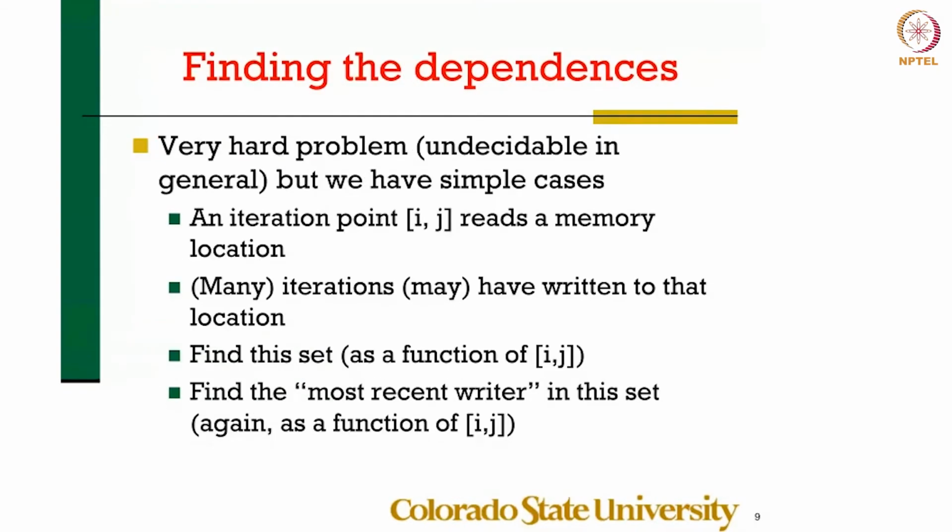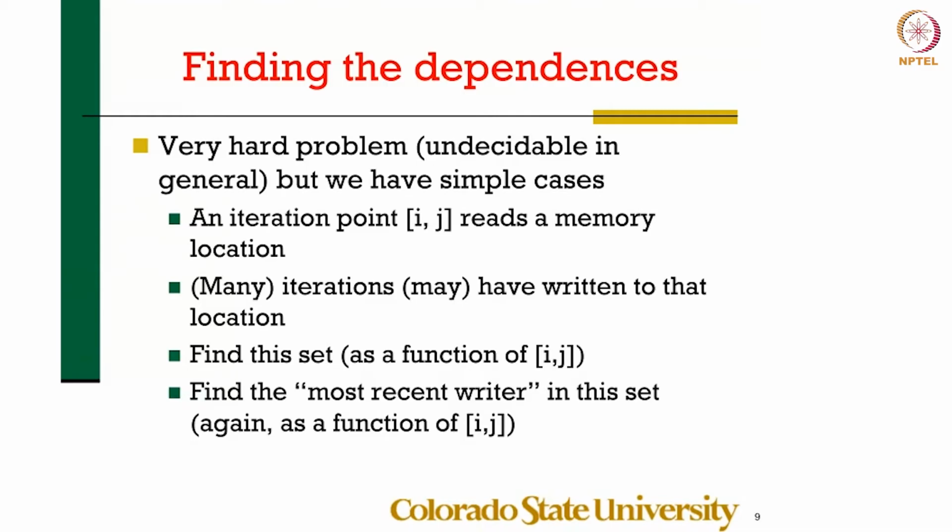But the other thing that was very implicit and obvious in your answer, which you may not be aware of, is that you want to find this set as a function of ij. When you said i, j minus 1 is the iteration, that means at iteration i equals 5, j equals 7, the iteration that produced the value is i equals 5, j equals 6, etc. But this is again a function.